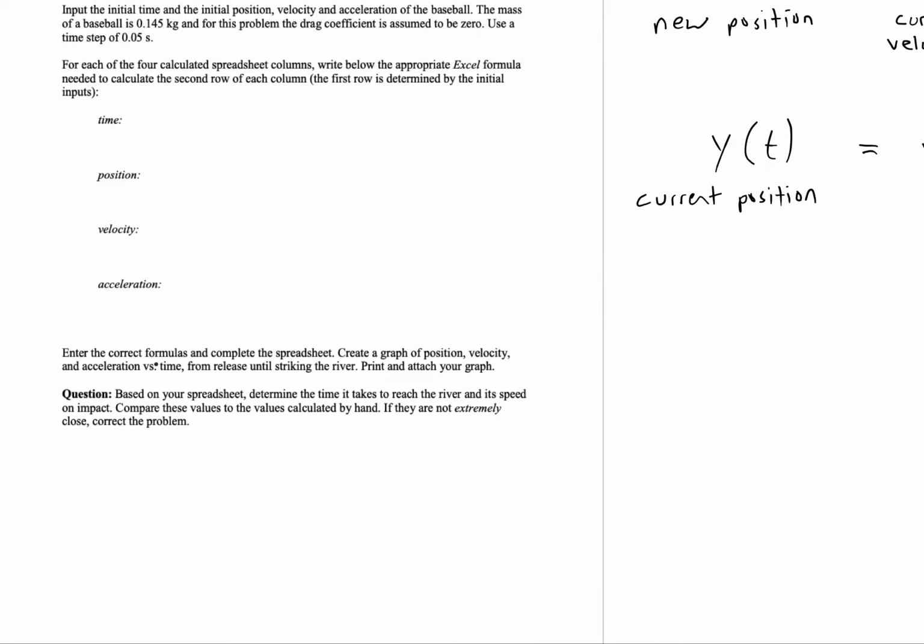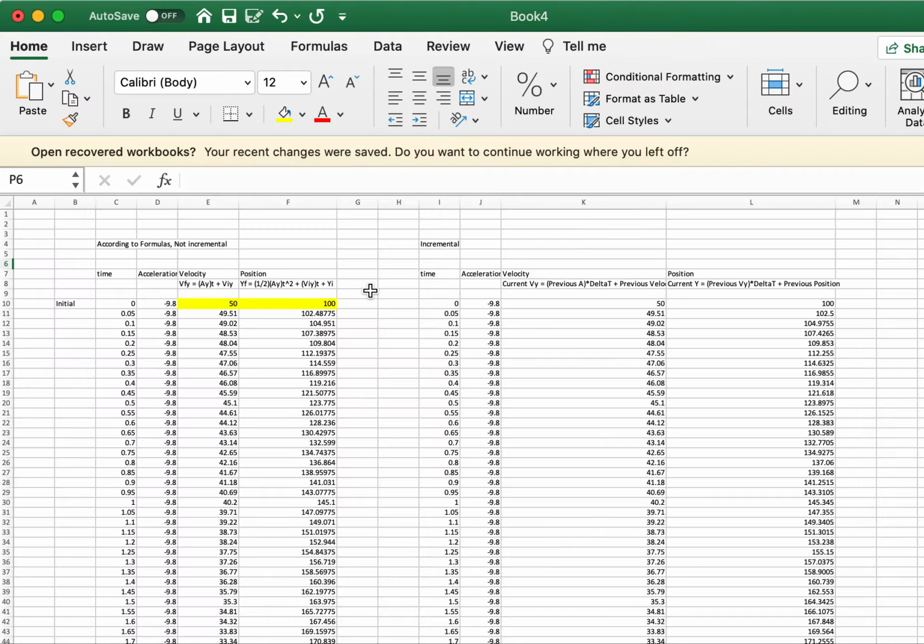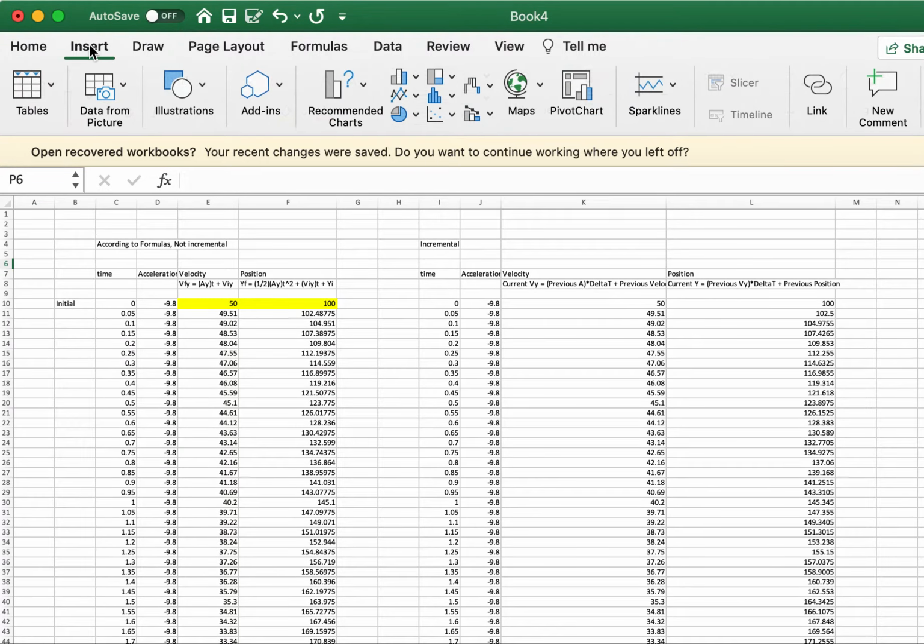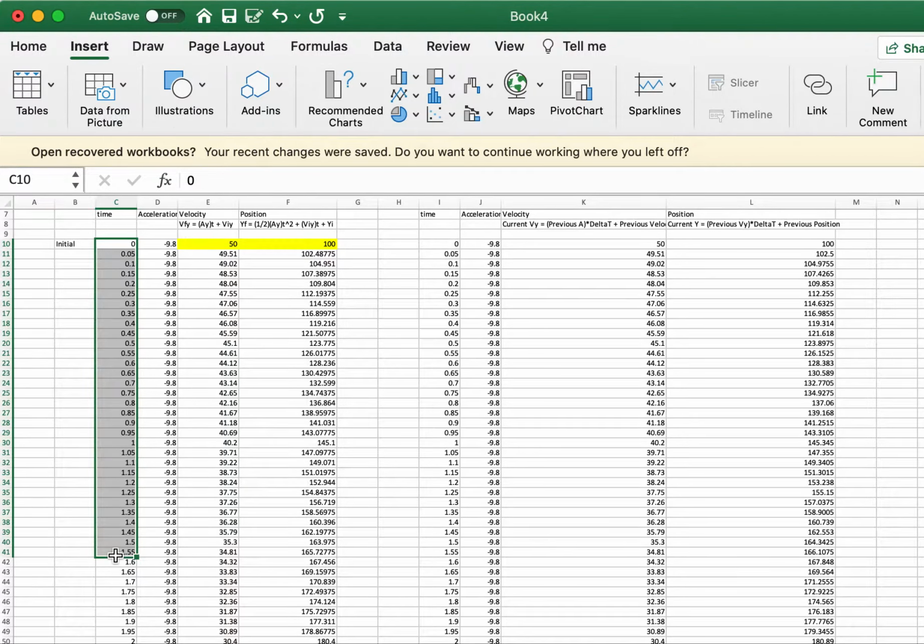All right, enter the correct formulas, complete the spreadsheet, create a graph of position, velocity, and acceleration versus time. I'll go to insert. We could do a scatter plot. And you'll want to, let's see, grab your time as your x, this, and then you want these as well.